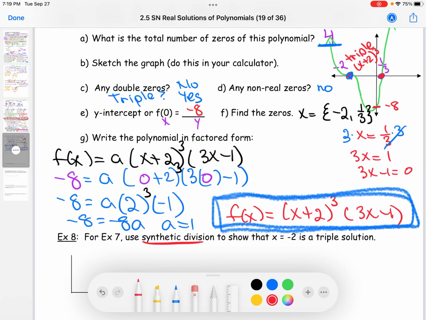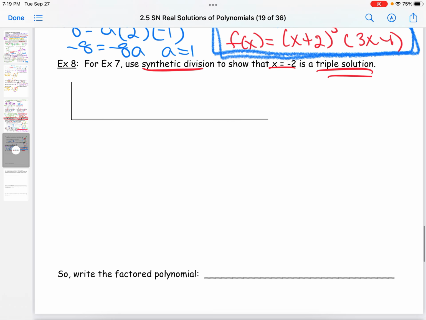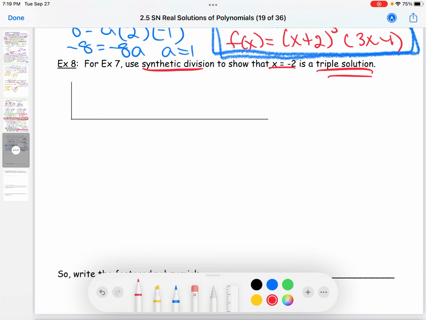Okay, in example 7, we want to show with synthetic division that x equals 2 is a triple solution. So what we want to do is show that we can take that f of x, divide it by x plus 2 over and over and over again.